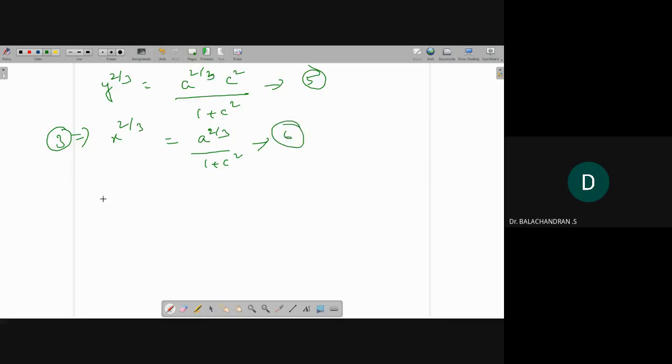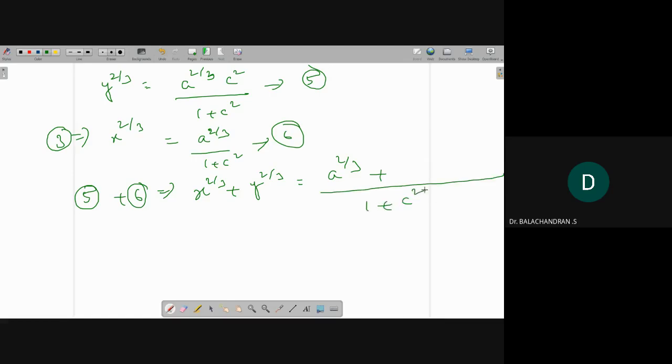Okay. Now 5 plus 6 implies x power 2 by 3 plus y power 2 by 3 equal to a power 2 by 3 divided by 1 plus c square, because 1 plus c square is common.